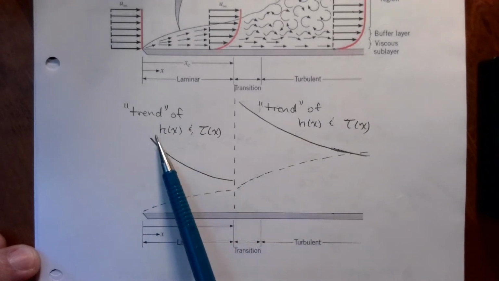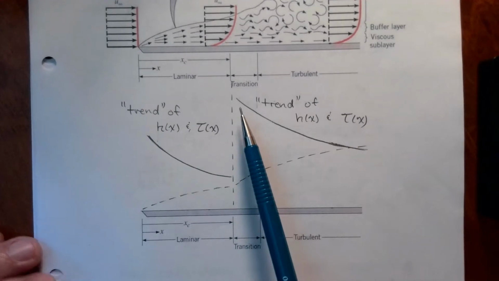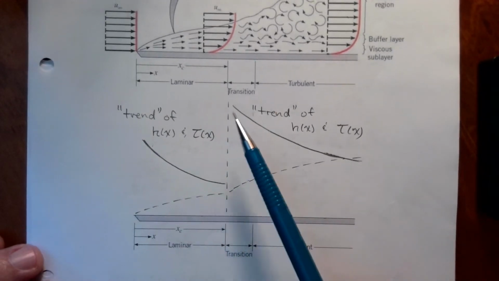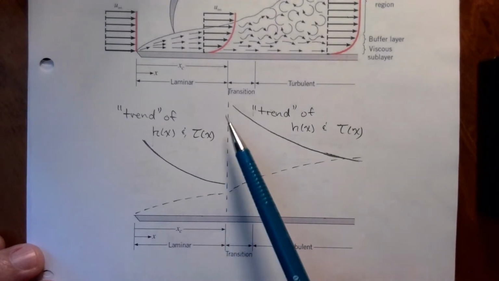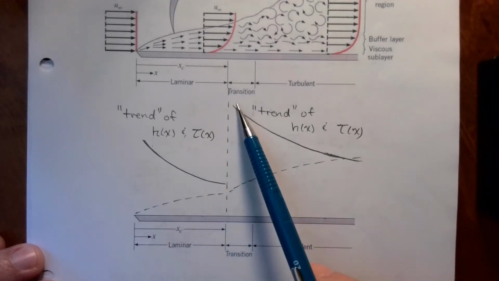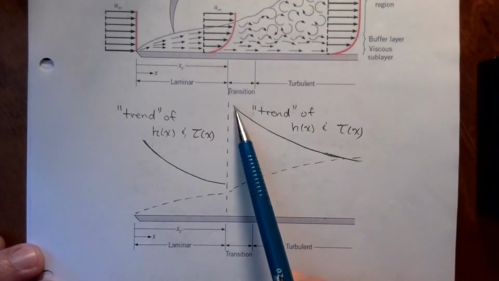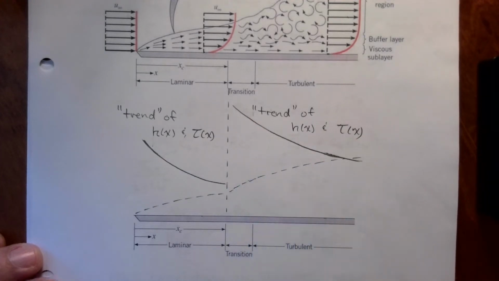Alright, so we have a large H decreasing as we move to the right, and then as soon as you get to that turbulent region and transition, somehow we transition up to a higher H. There's probably research and ways to analyze how we do this transition. I'm just going to, in this class, let's just assume it's an abrupt transition from here to whatever the H value would be now with a turbulent correlation. And then the trend returns that there is a decrease in H and tau as X increases.